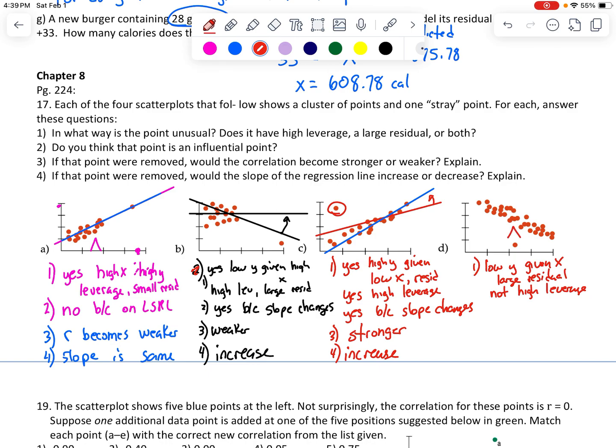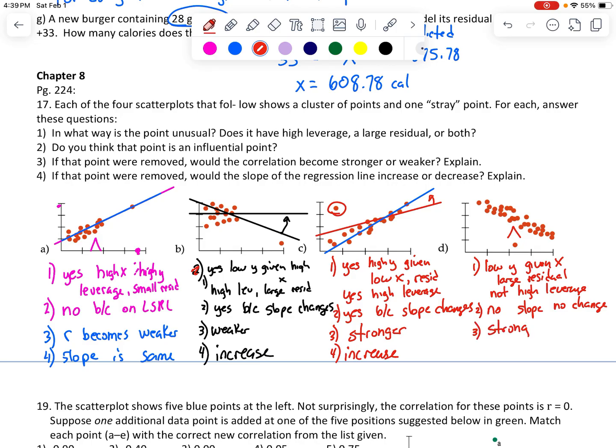Because, again, if this were my teeter-totter, there would be the center of my teeter-totter, and it is right there. It has no impact on my teeter-totter whatsoever, so therefore there is no slope change.